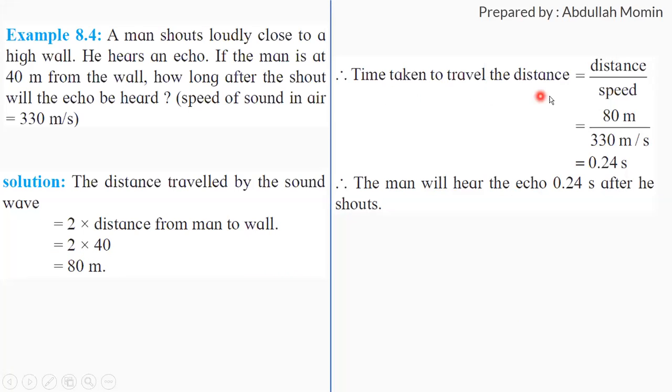Time taken to travel the distance of 80 meters is distance upon speed, 80 upon 330. When you calculate this, you will get 0.24 seconds. So the man will hear the echo 0.24 second after he shouts.